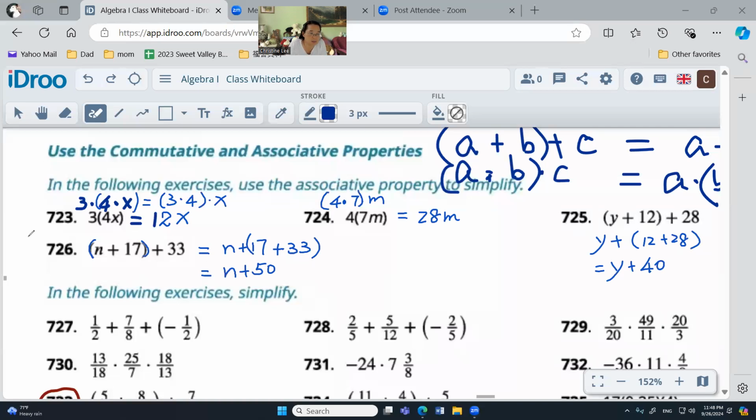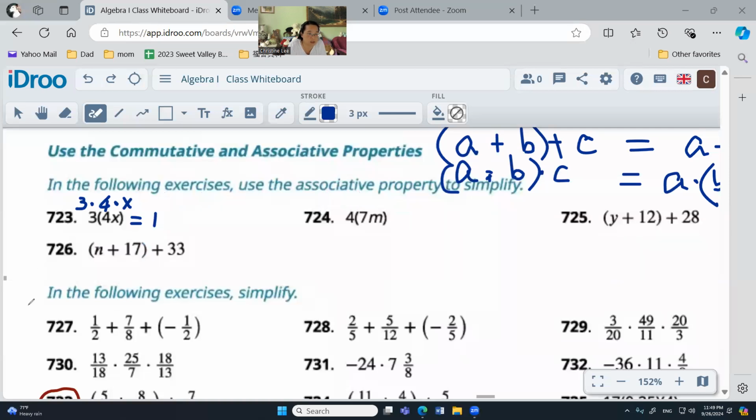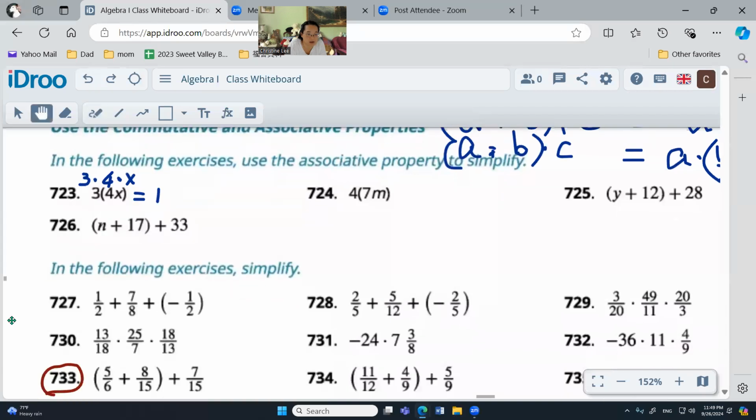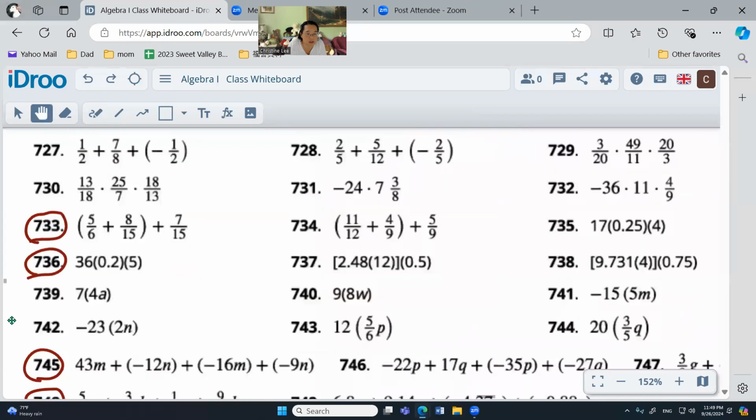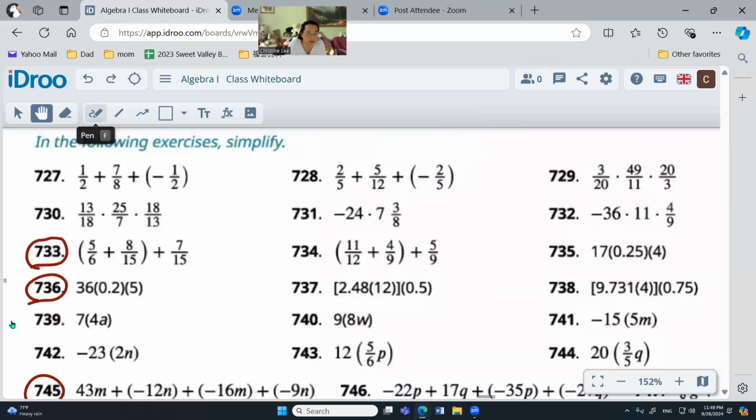Now the next one, they want us to simplify. Simplify adding, we need common denominator. Always when we add fractions, common denominator. So what should we do?